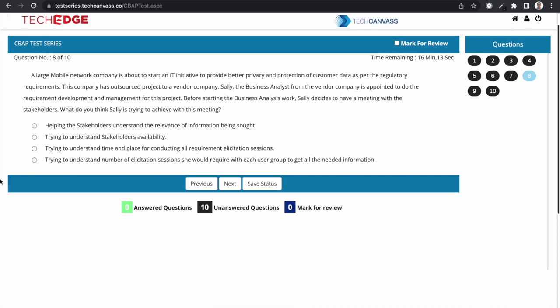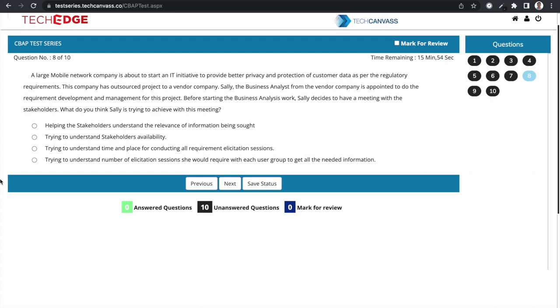The options are these. The first one says helping the stakeholders understand the relevance of information being sought. Second option says trying to understand stakeholders' availability. Third option says trying to understand time and place for conducting all requirement elicitation sessions.